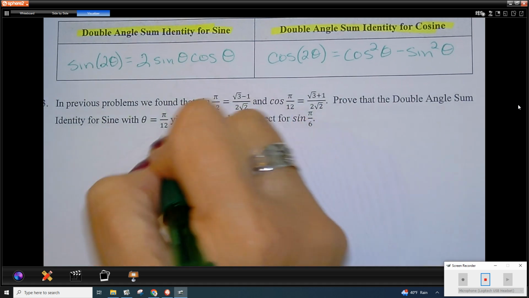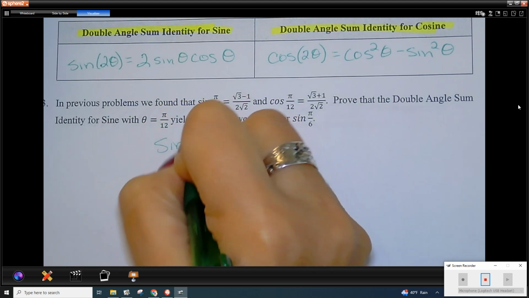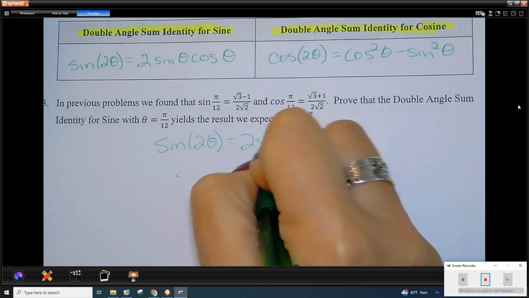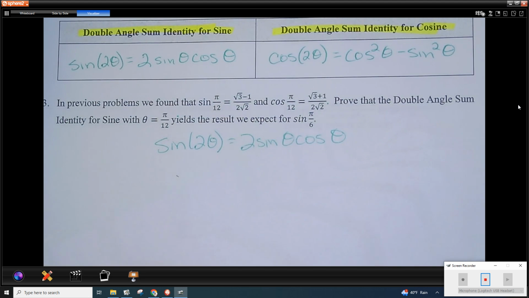So sine, use a double angle for sine. So we know sine of 2 theta is 2 sine theta cosine theta. So we're going to double it. Oh, that's where they got pi over 6.